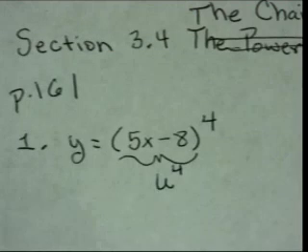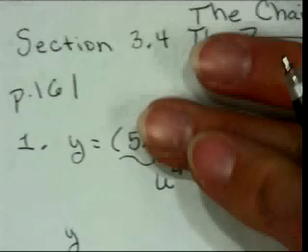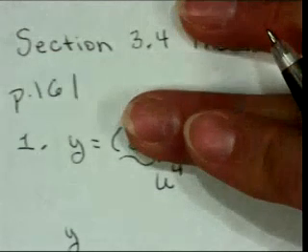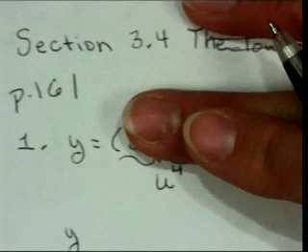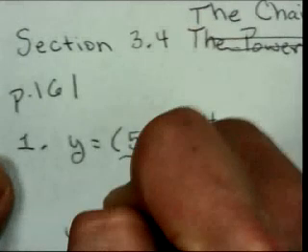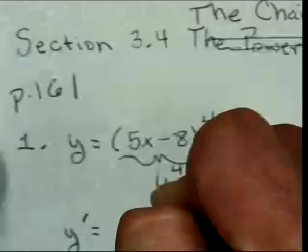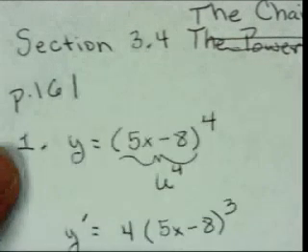And let's say I didn't know ugly was anything other than plain old u. What would be the derivative of u to the fourth? 4, same old ugly, cubed. You would just bring the 4 out front, keep the same old ugly, and subtract 1 from the exponent.